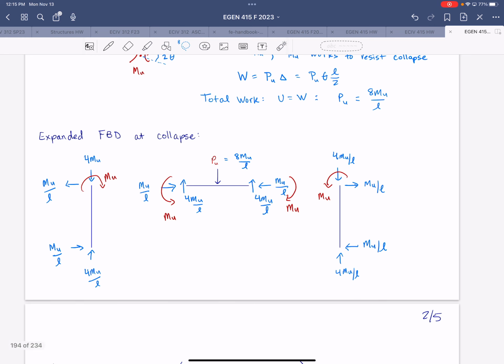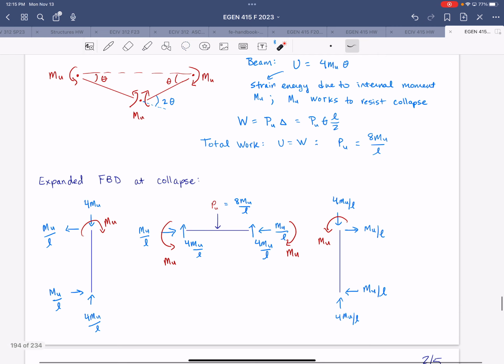So I kind of wrote those in an order that may be less intuitive. It may be more intuitive to first note that we have the moments, MU, at the locations where the plastic hinges are. And this is, again, for the whole frame. So if we want, we could also break it up at this plastic hinge, but we don't need to do that to draw the moment diagram.